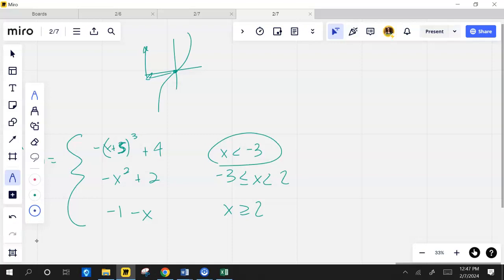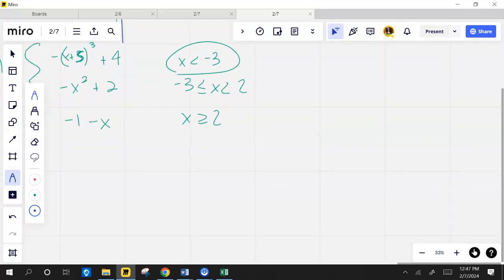This is -5. Here's -3. This is my cutoff. So what I'm getting at is I need that middle point. I need the cutoff point, and then I need another point over here because look at what this graph does, right?